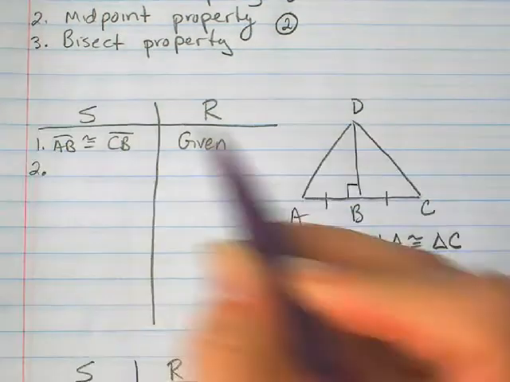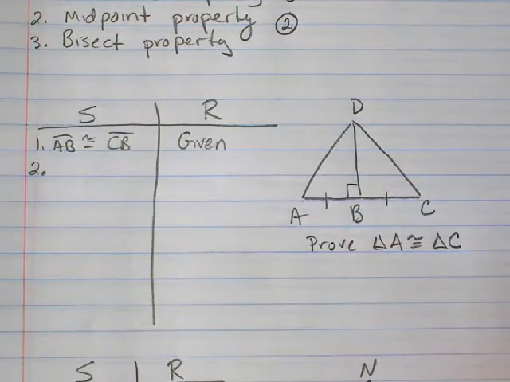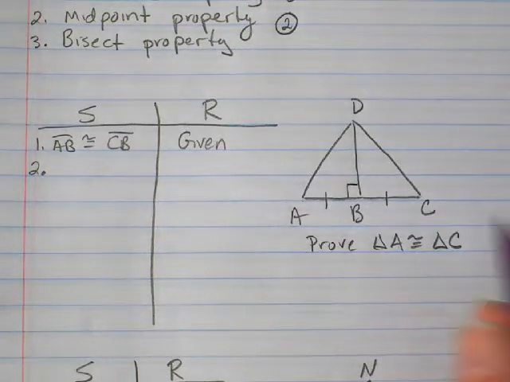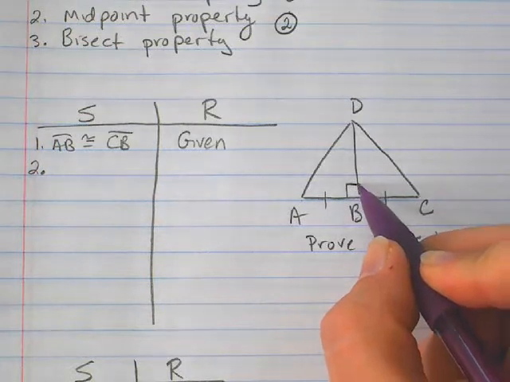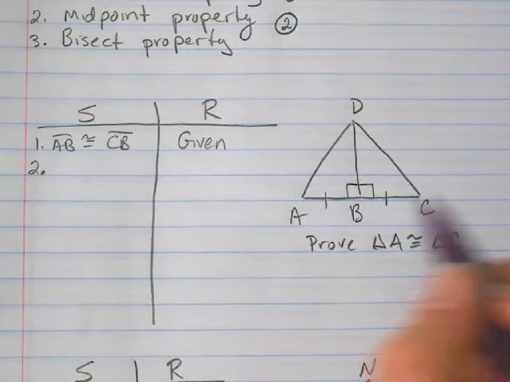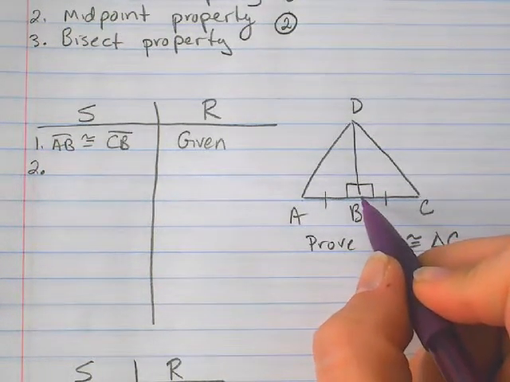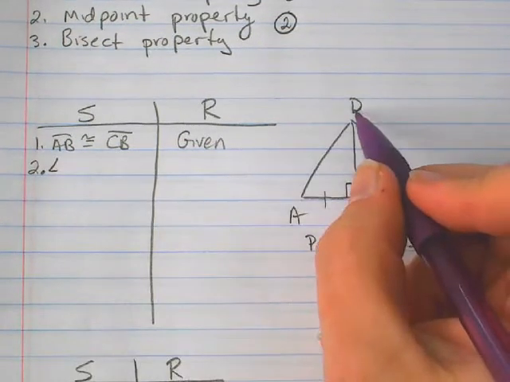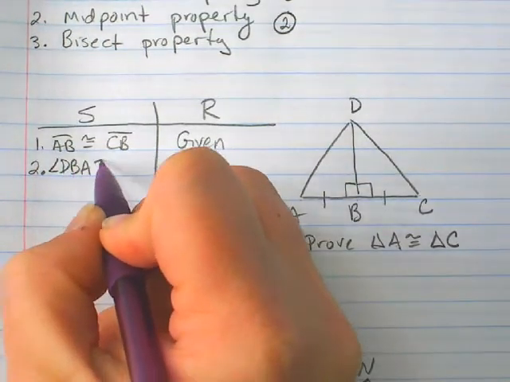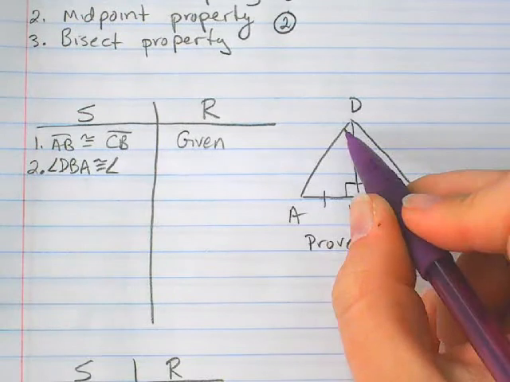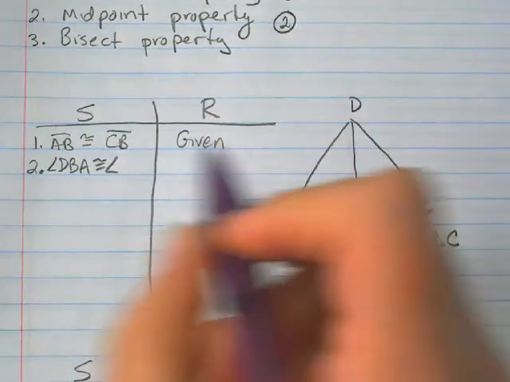Number two, there are also angles that are congruent. Because I have a right angle on the left side of my line, I must have a right angle on the right side of the line. I cannot call this angle B. This is angle DBA, and it is congruent to angle DBC.